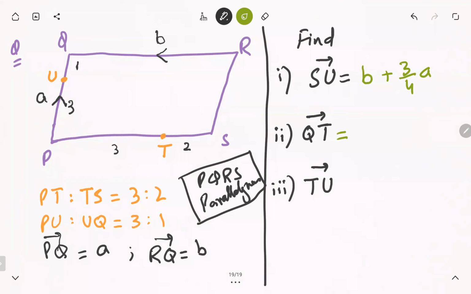Okay, second vector QT. Minus A minus 3/5B. Who is getting a different answer other than minus?